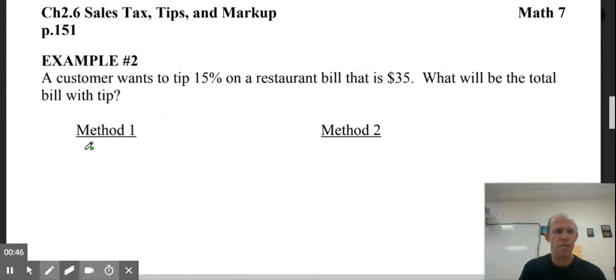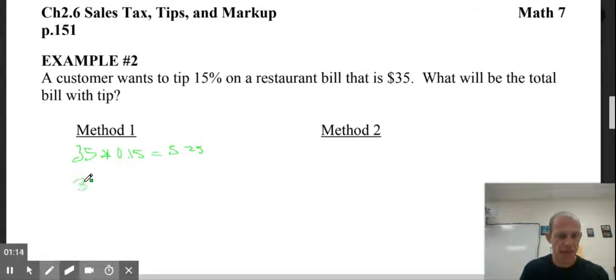If I'm looking at method number one, where it's adding on the tax, in this case adding on the tip, I'm going to first find the tip. Whatever my amount was, I'm going to tip them 15% of that. So I will multiply by the tip percent as a number. This gives me $5.25. Remember, you would probably be doing this with a calculator.